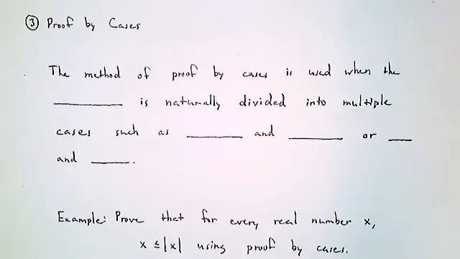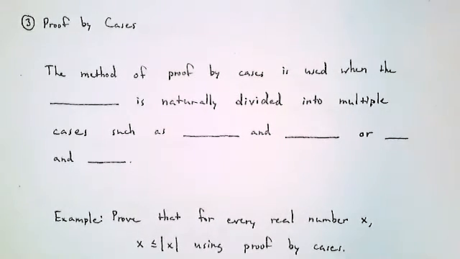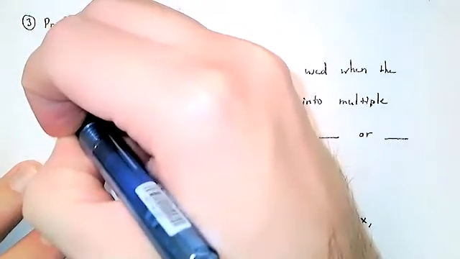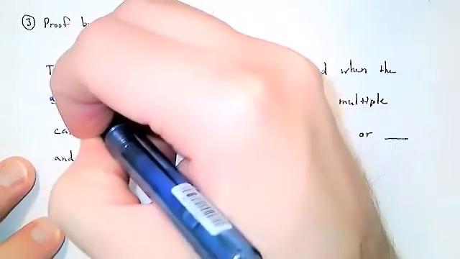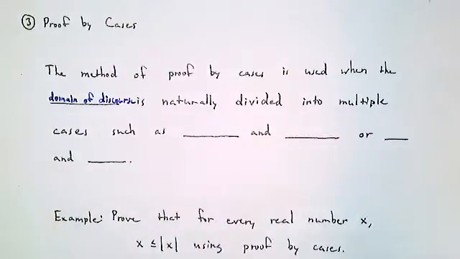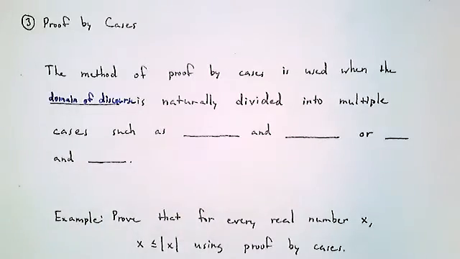Okay, so let's move on to the third type of proof. And this is called proof by cases. And this is used when the domain of discourse, the things that you're talking about, can be naturally divided up. And depending on what your domain is, it could look different.